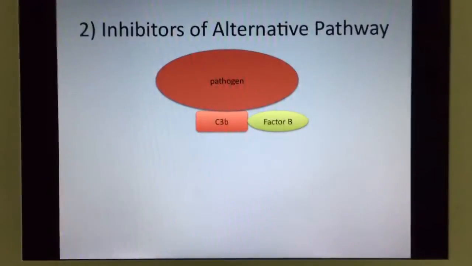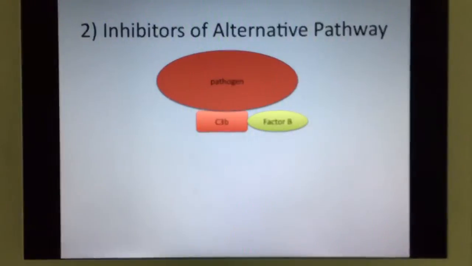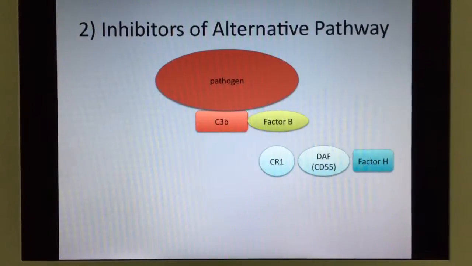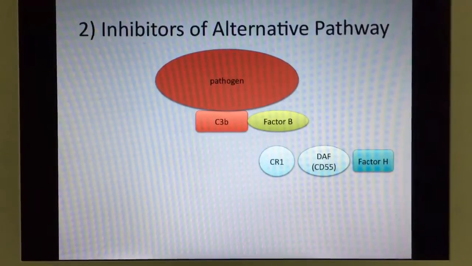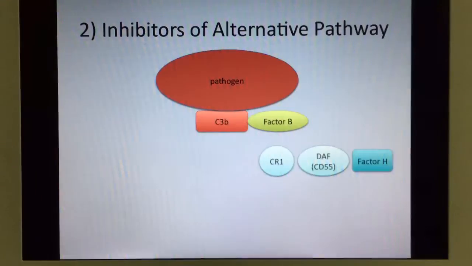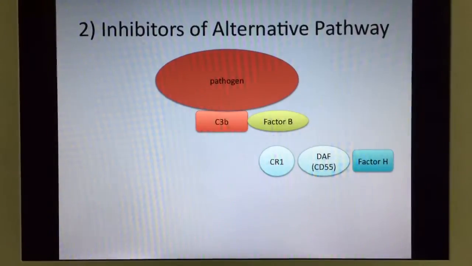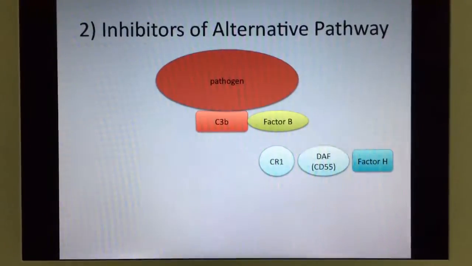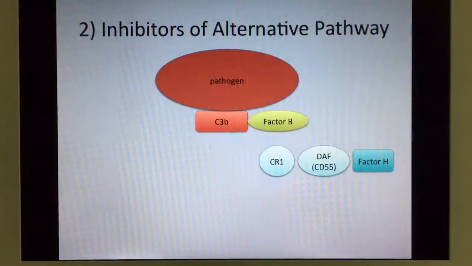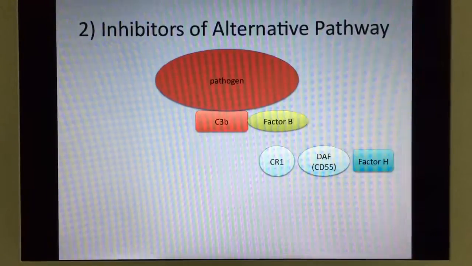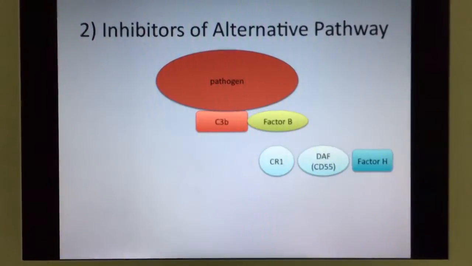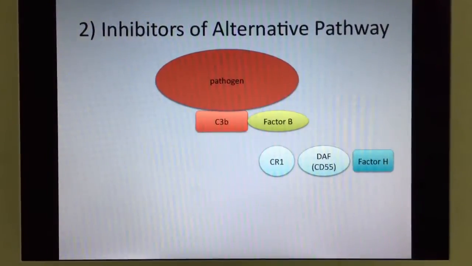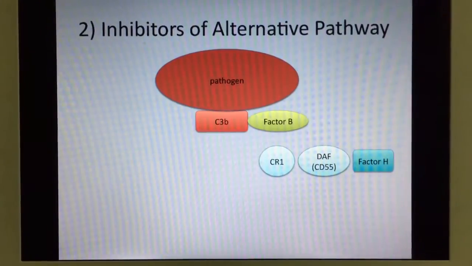There are a few components that can inhibit the alternative pathway. The complement receptor CR1, a membrane-attached protein known as decay accelerating factor DAF or CD55, as well as factor H, are able to compete with factor B for binding to C3b on the cell surface.